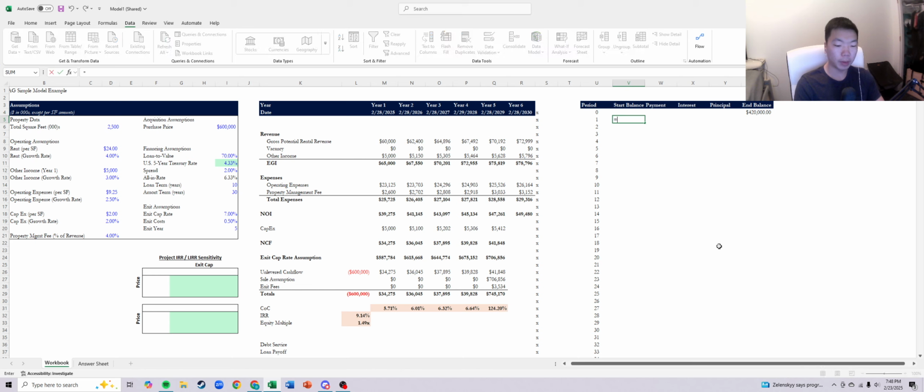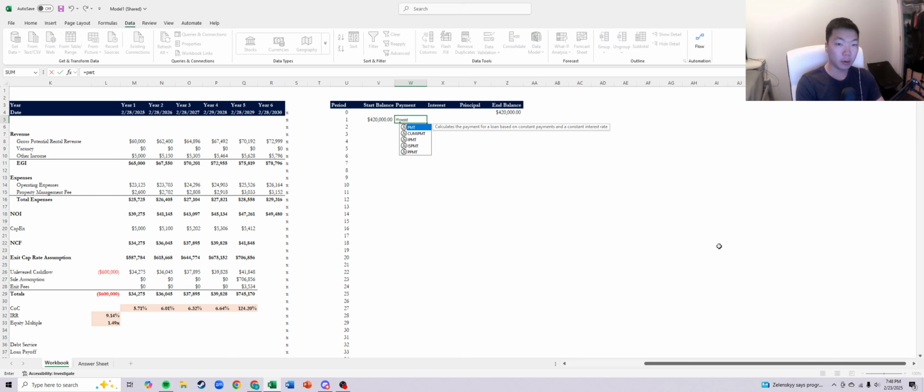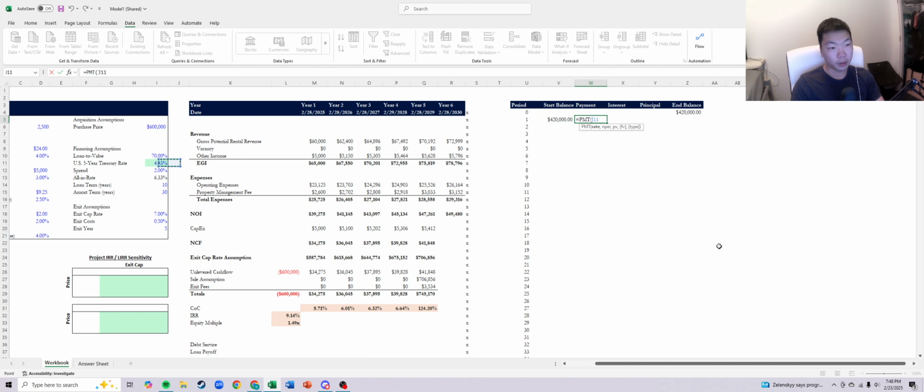And then our start balance at year 1 would be our end balance at year 0. Okay, now our payment. With the payment function we can find this. Our rate is 6.33%, and we have a monthly period, so divide that by 12. Number of periods is 30 years times 12, because there's 12 months in a year. Present value is my loan amount.